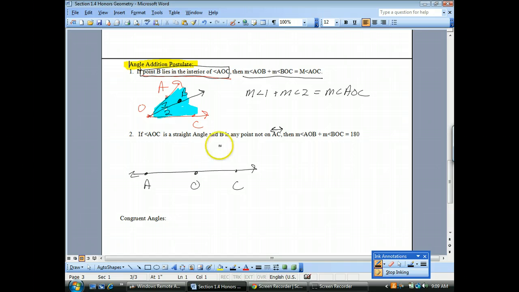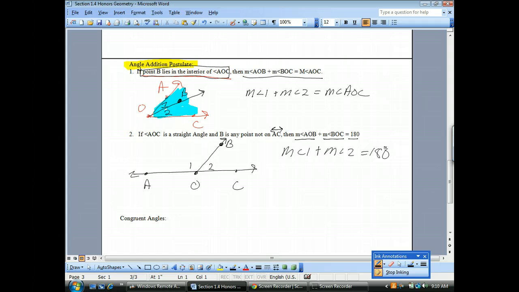So B could be up here. And if we draw a ray through B, we get angle 1 and angle 2. And so in this case, measure of angle AOB plus measure of angle BOC has to equal 180 degrees. Or measure of angle 1 plus measure of angle 2 equals 180 degrees.